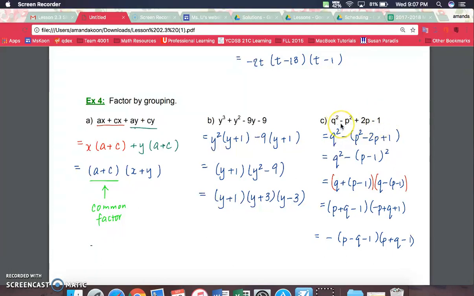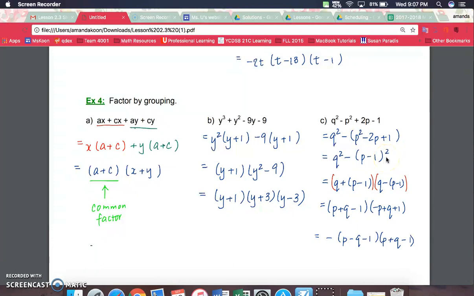But if I factor a negative sign from the last three terms, like that, I notice that I have a perfect square binomial. So p squared minus 2p plus 1 in factored form will become p minus 1 squared.